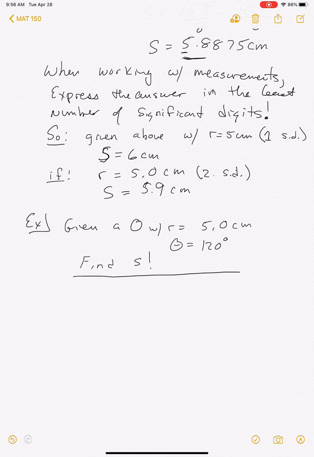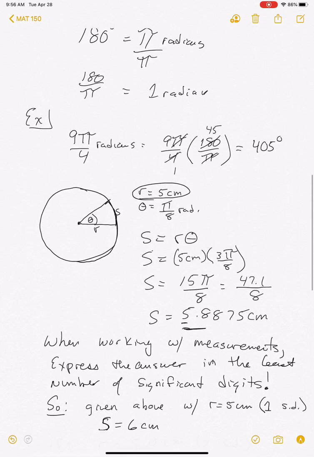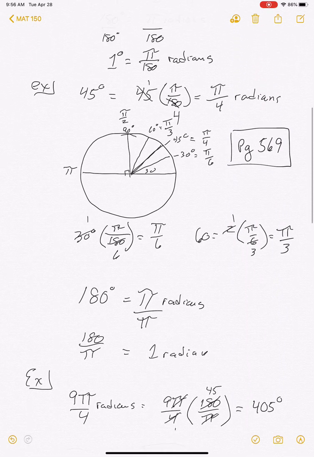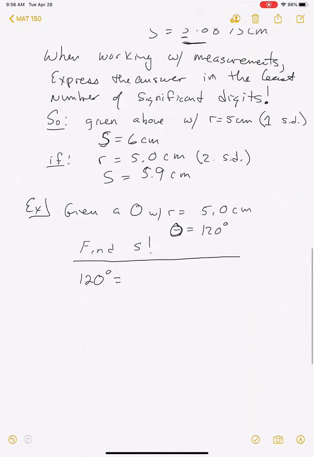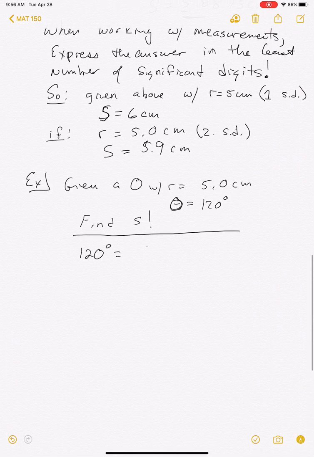Well, in this case, we have to take the degree measurements, right? And if you go back up here, if I take the degrees, 45 degrees, and I multiply it by pi over 180. So 120 times pi over 180, well, 60 goes in here twice, and it goes in here three times, so I have 2 pi over 3 radians.